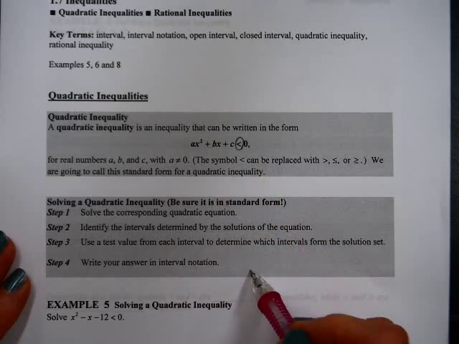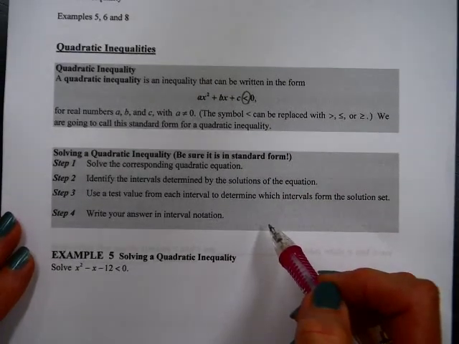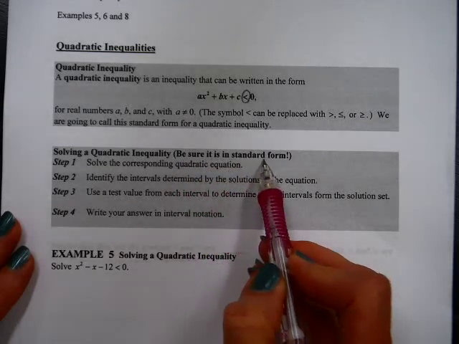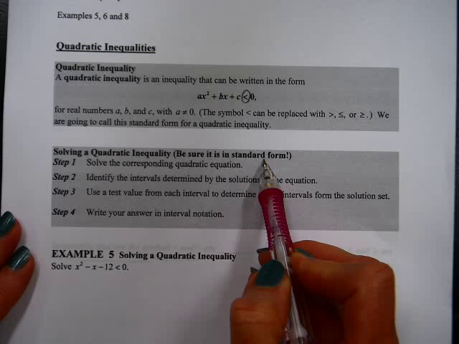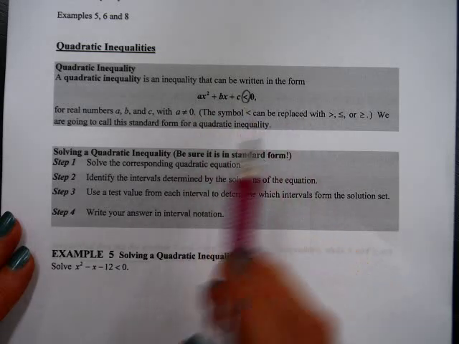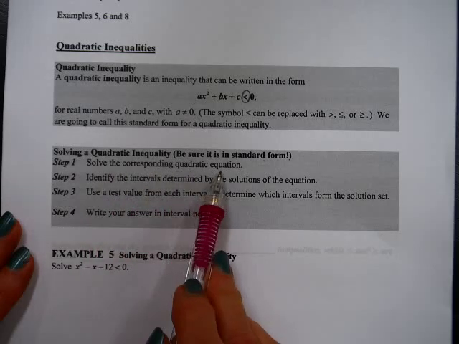There are 4 steps that we are going to use to solve this quadratic inequality. First thing you need to be sure is that it is in standard form: 0 on one side, everything else on the other. Then you are going to solve the corresponding quadratic equation.